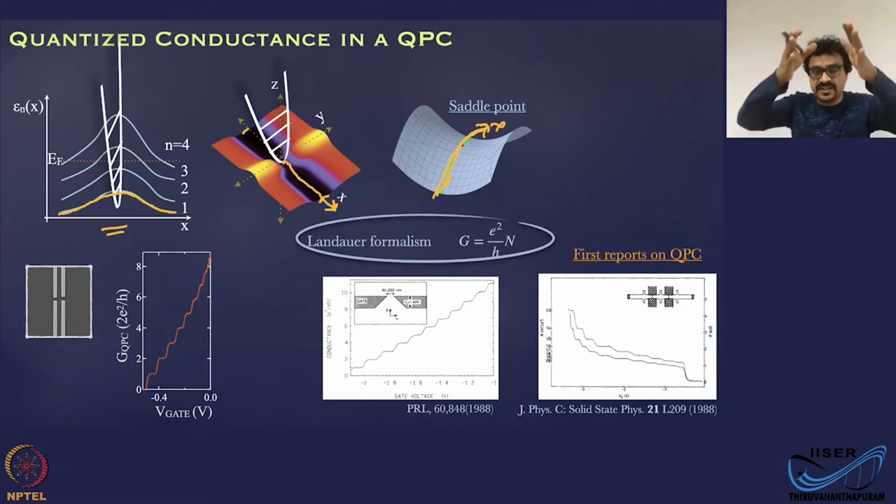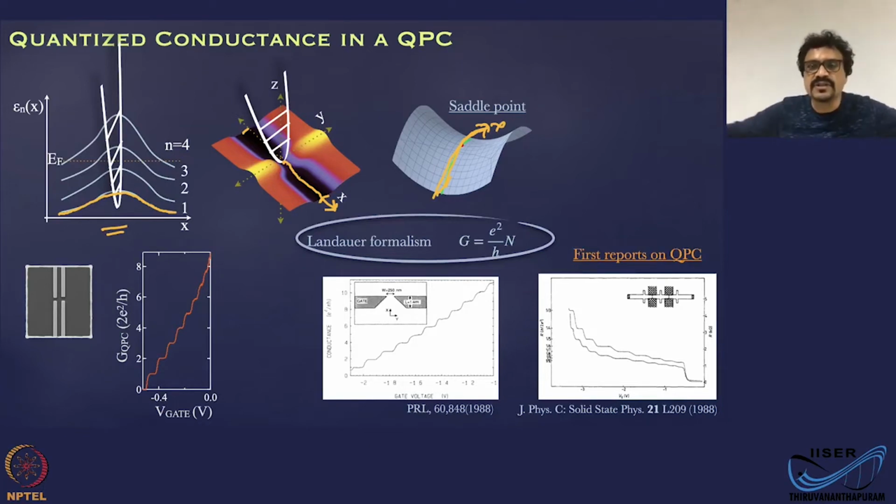Far away from the constriction, you have a two-dimensional system, and all these levels will actually collapse onto the energy of the two-dimensional electron system. As it approaches the constriction, it starts feeling the confinement effect due to the gate along the y direction.